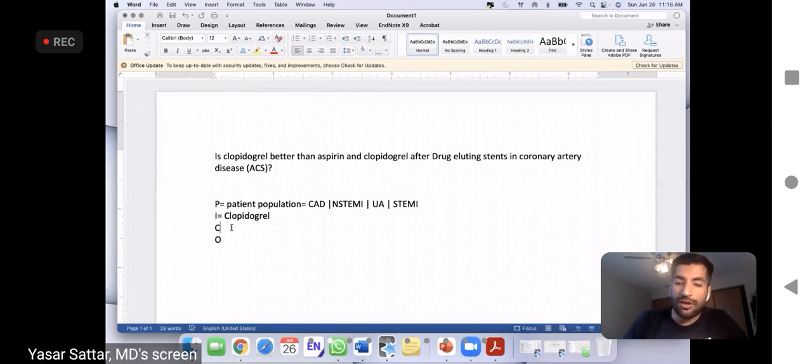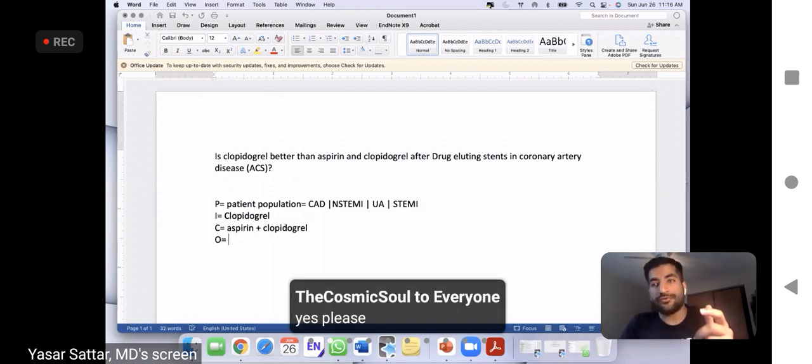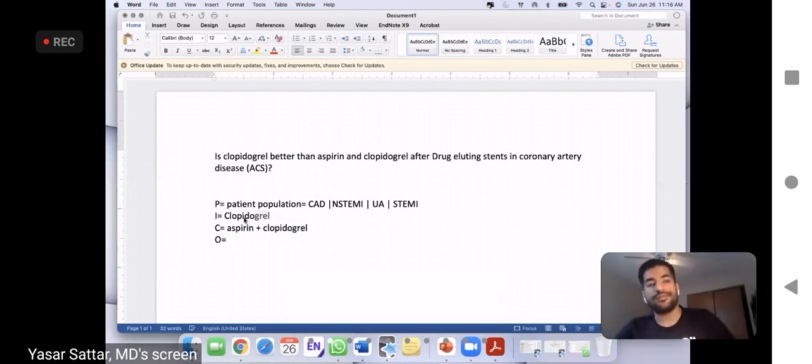My control arm is aspirin and clopidogrel. So that's what I'm comparing between these two. I know my intervention arm, what I want to study, and my control arm, what I want to compare it with.